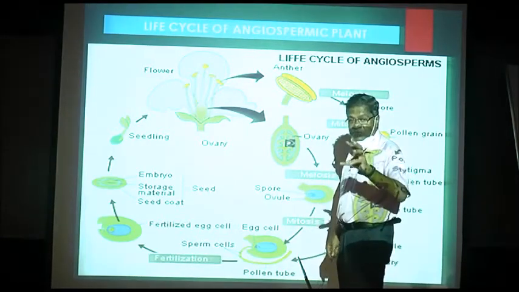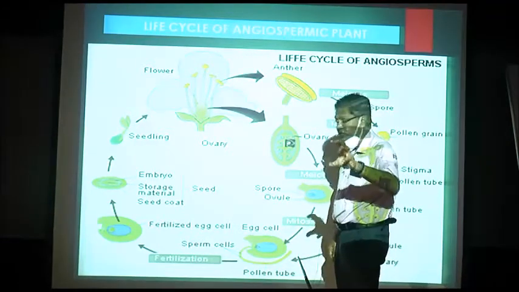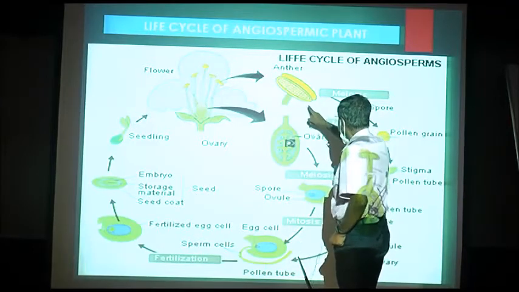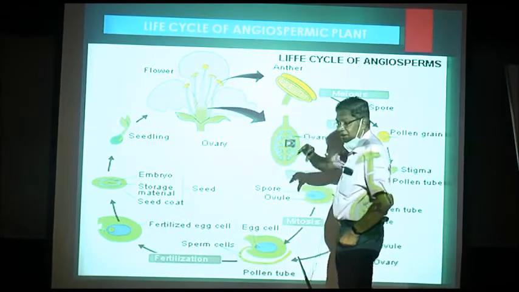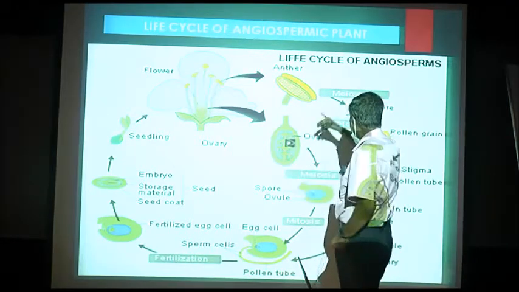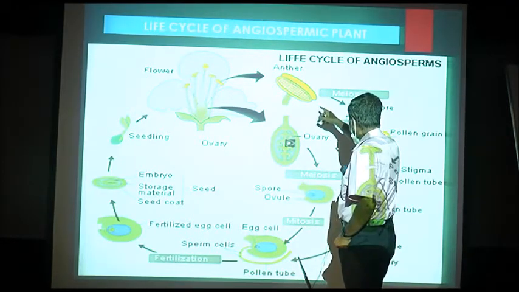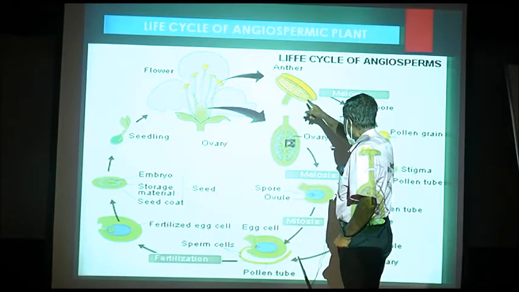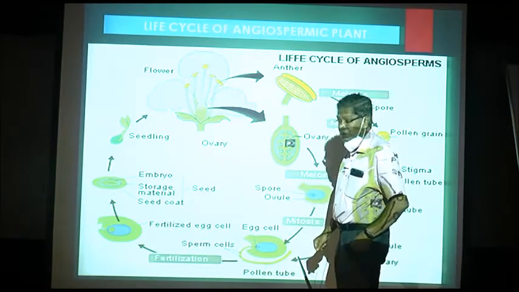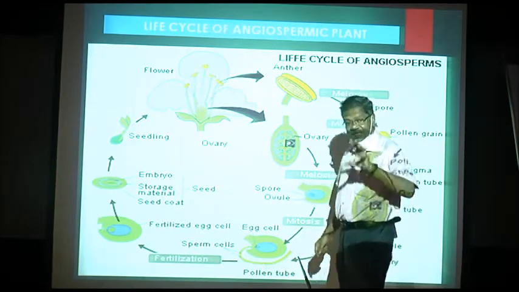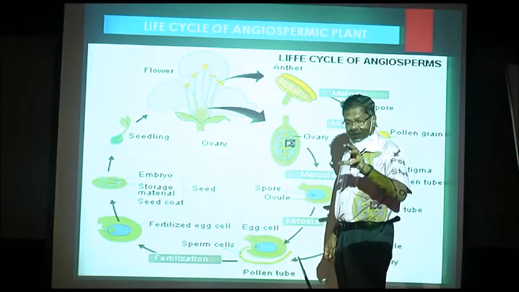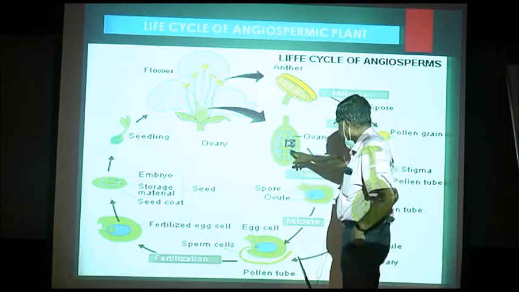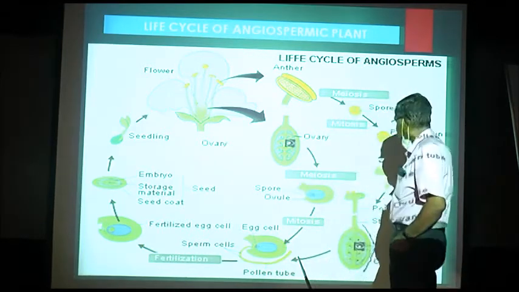Now the ovule acts as the megasporangium and the anther acts as microsporangium. Inside the microsporangium, microspore mother cell develops, and here the megaspore mother cell develops.